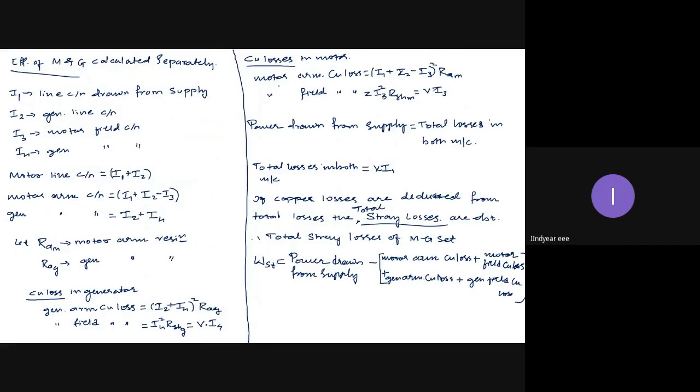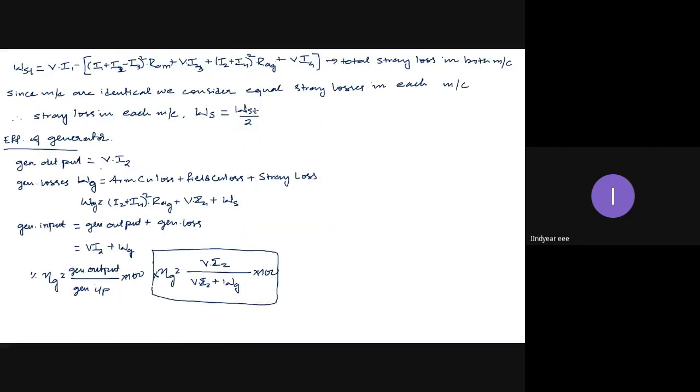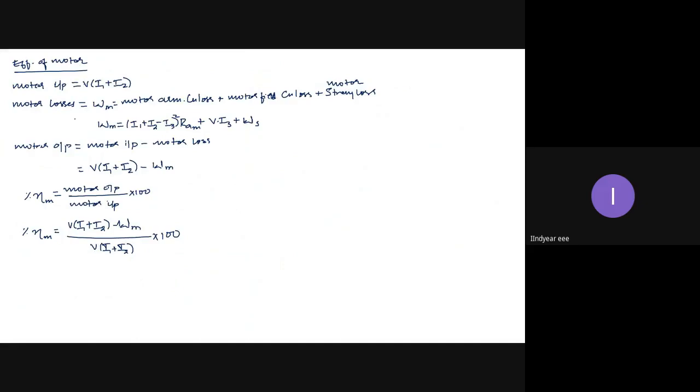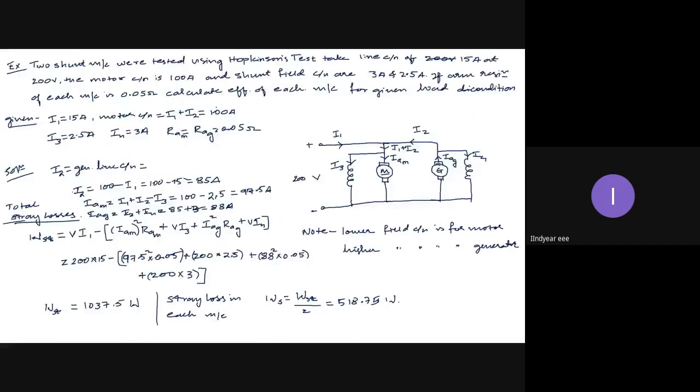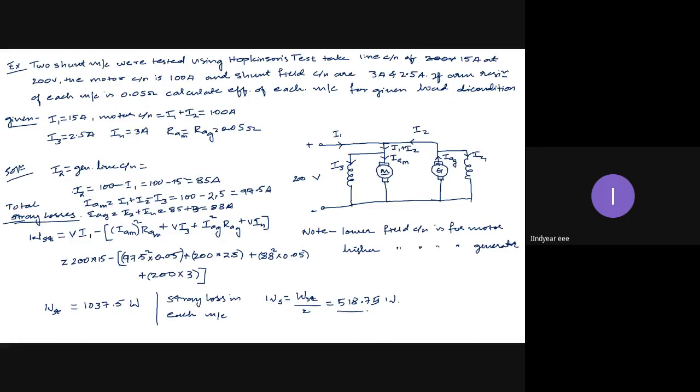Motor copper loss is 975.31 plus stray loss in each machine, 518.75.